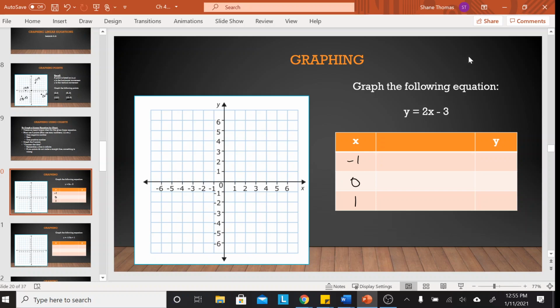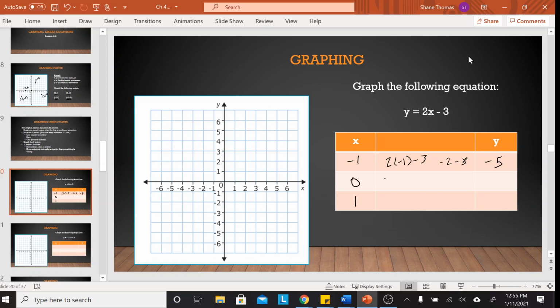All right, so to fill out my input-output chart, I'm going to have 2 times -1 minus 3. 2 times -1 is -2, and -2 minus 3 is -5.